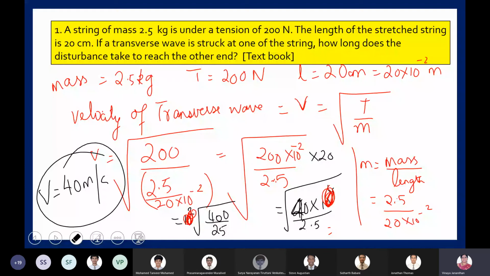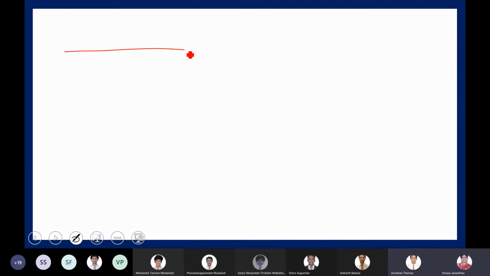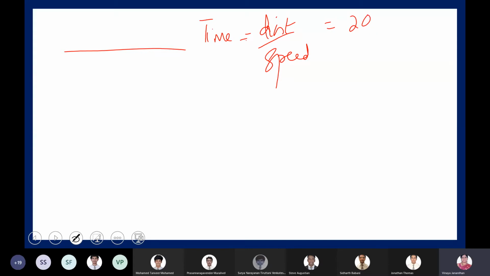What is the time taken? How will you find the time taken? Velocity equals length by time. So time taken will be equal to distance by speed. What is the distance traveled? The wave will travel through the length of the wire. Was it 20 centimeter or meter?